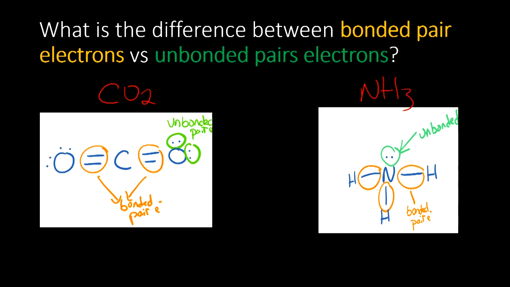As you can see, a bonded pair of electrons will be found between the different atoms in the molecule. The unbonded pairs of electrons will be found either on the outside atoms or on the atoms in the center. If a pair of electrons are found in the center, we call those lone pairs.